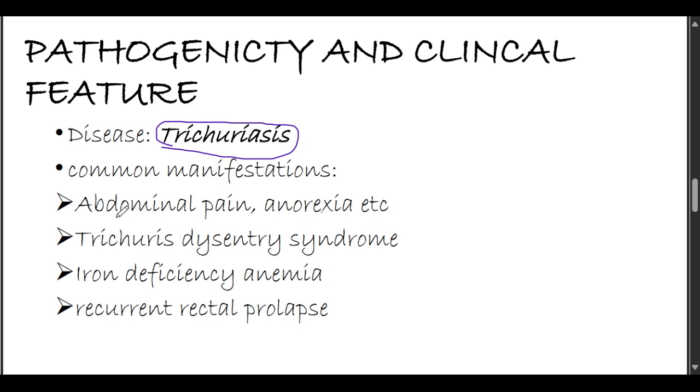Now let's talk about the common clinical manifestations of this parasite. We have abdominal pain, anorexia, Trichuris dysentery syndrome, and iron deficiency anemia, which is a result of blood loss.